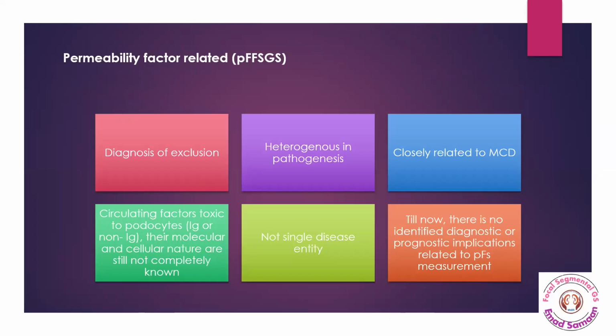I'll pass to take some small hints about each category of them, and I will concentrate on the clinical implication of each type of them and the clinical natural history of each type of them.